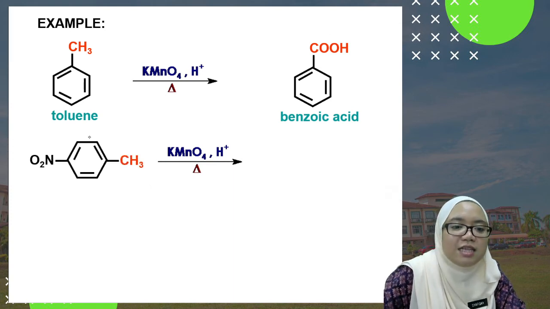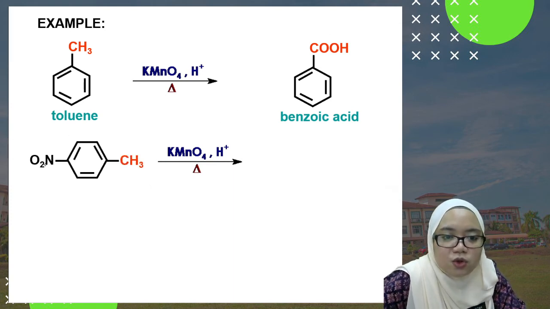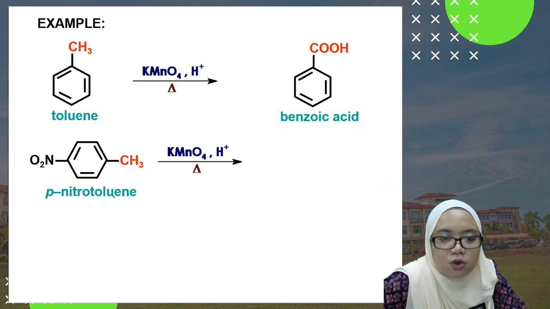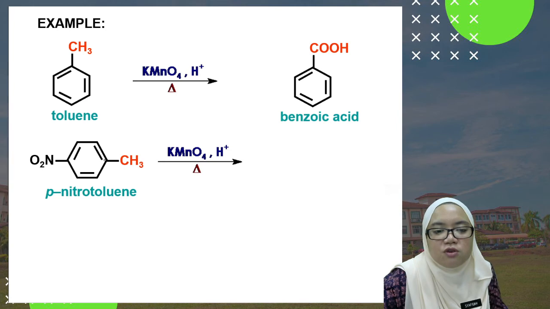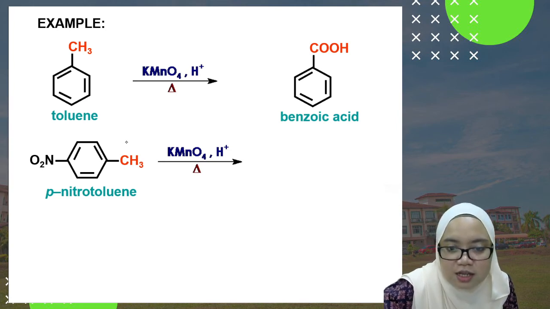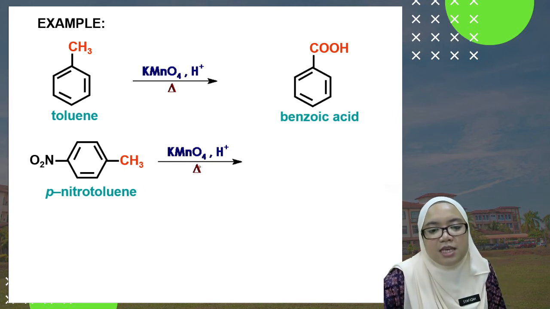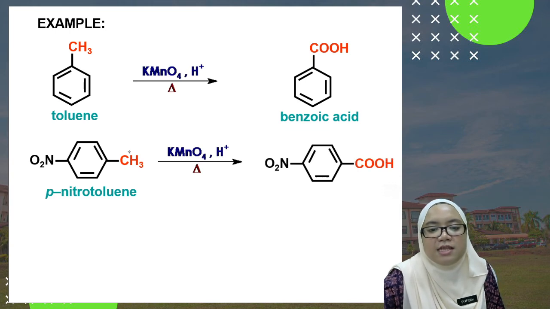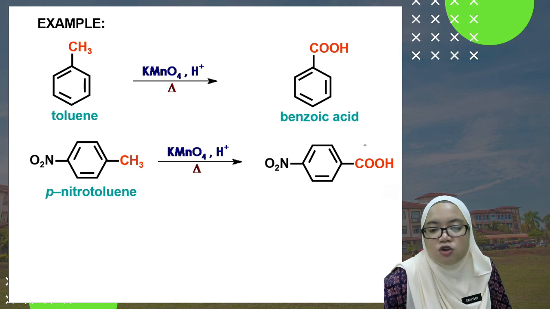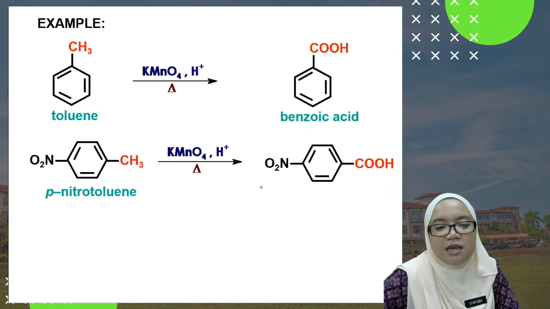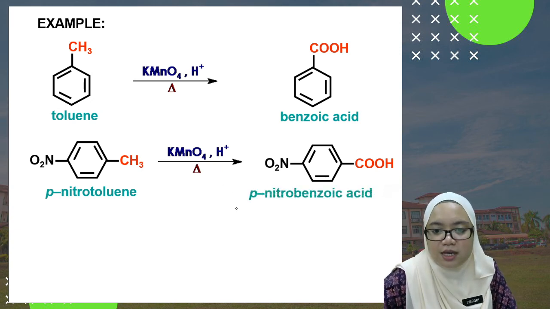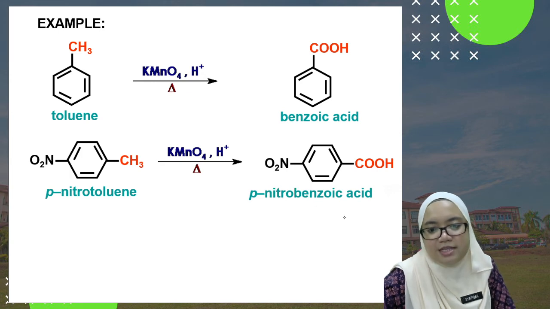Okay, kalau kita ada this, NO2 dengan CH3, so this is also toluene. So this is 1, 2, 3, 4 nitrotoluene ataupun para-nitrotoluene. So when the nitrotoluene undergo oxidation in basic condition with heat, this CH3 will form a carboxyl group. So dia akan jadi para-nitrobenzoic acid.